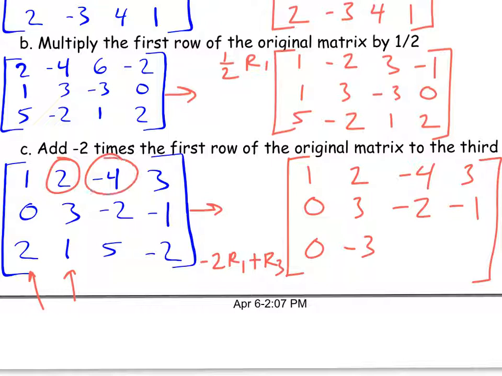Now I move over to here. -4 times -2 is 8, plus 5 is 13. 3 times -2 would be -6, plus -2 would be -8. So again, the step there was, took row 1, went one entry at a time, multiplied that value by -2, and then added it to the corresponding number that was in row 3.